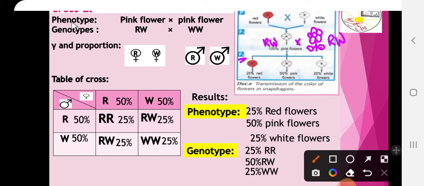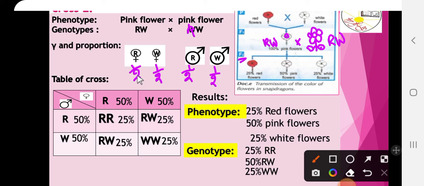So the phenotype is pink flower crossed with pink flower. Genotype RW crossed with RW. Gametes and proportion: this pink flower gives two alleles, one R and the other W. And this one also, sorry, it's not WW, it's RW, so it gives R and W. Of course each gives 50%, half.